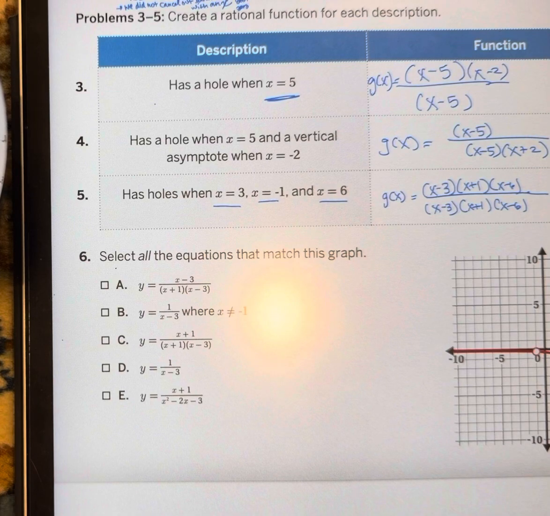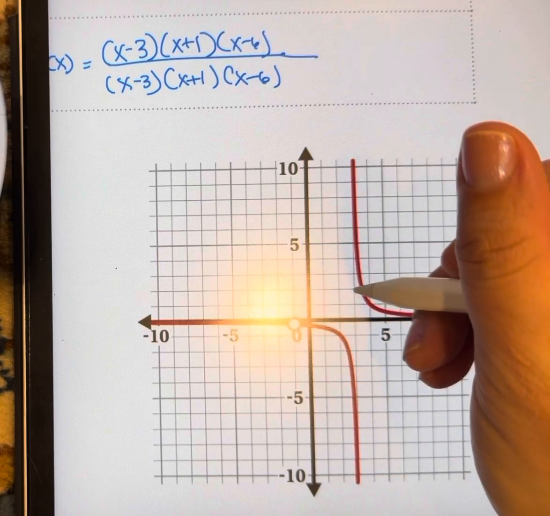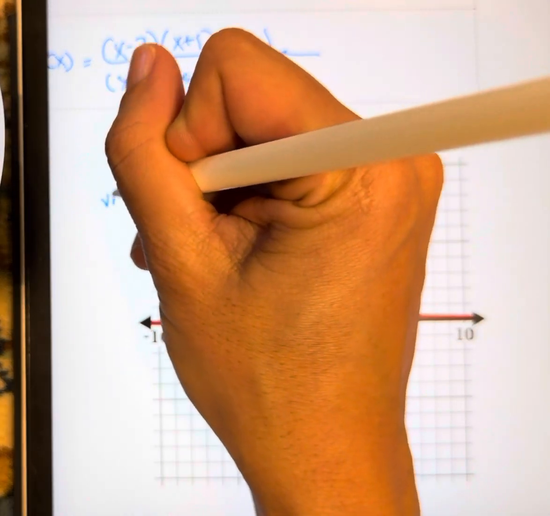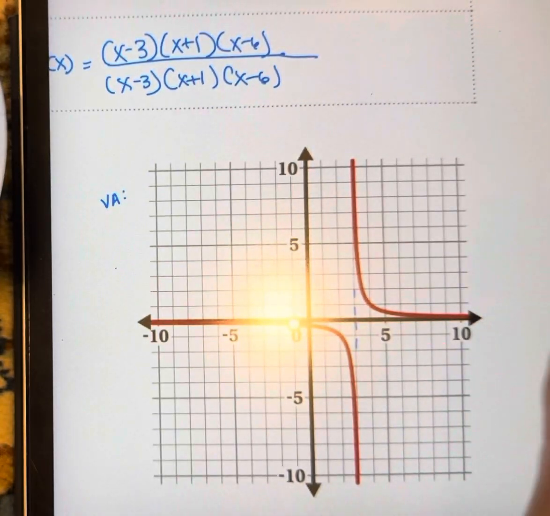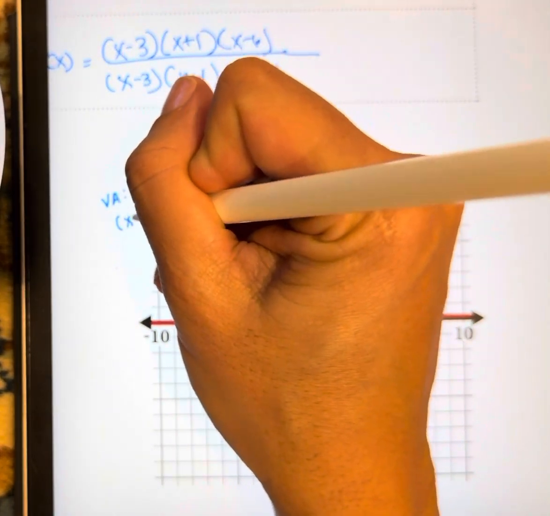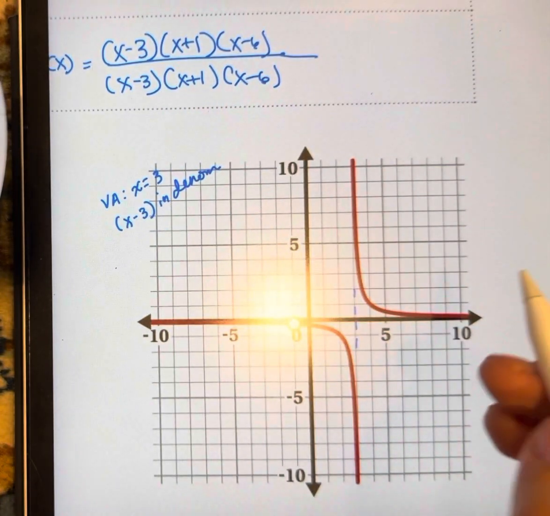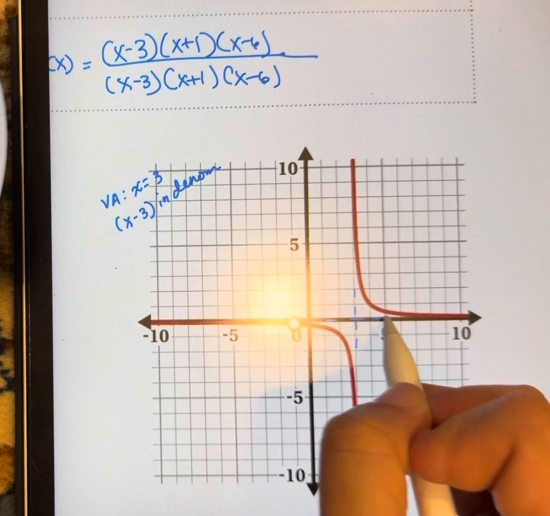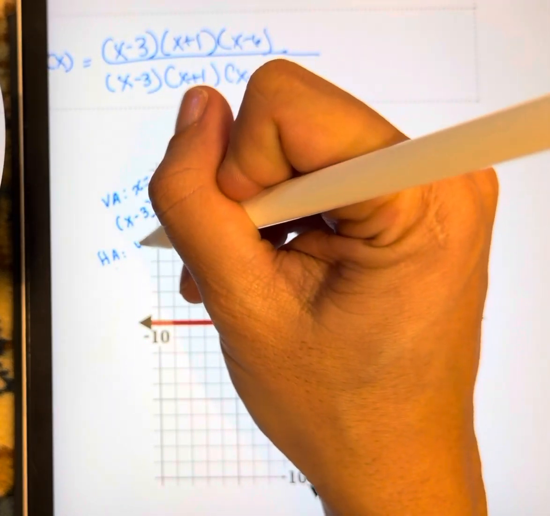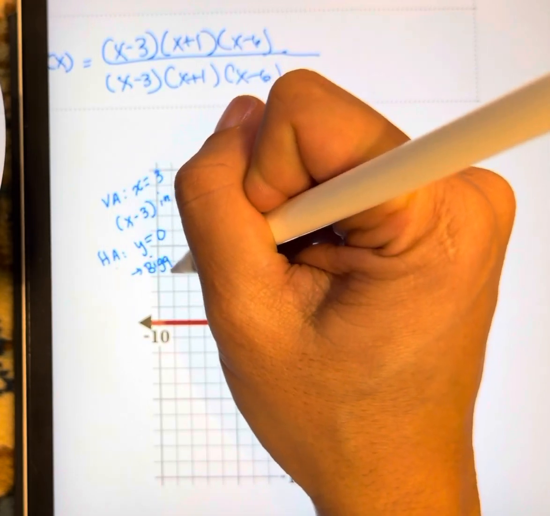Let's select all equations that match this graph. Well, let's go learn about this graph. This graph has a vertical asymptote at 3, which means it has an x minus 3 in denominator. This function has a horizontal asymptote at y equals 0, which means that the degree is bigger on bottom.